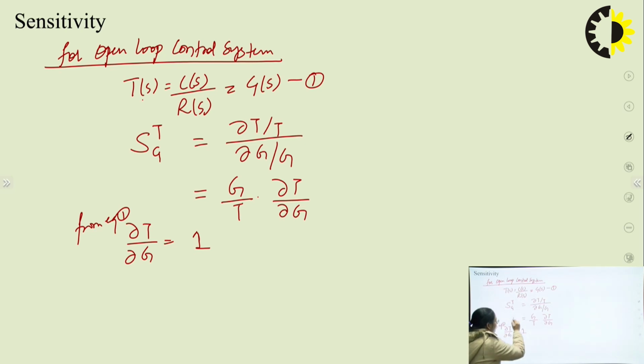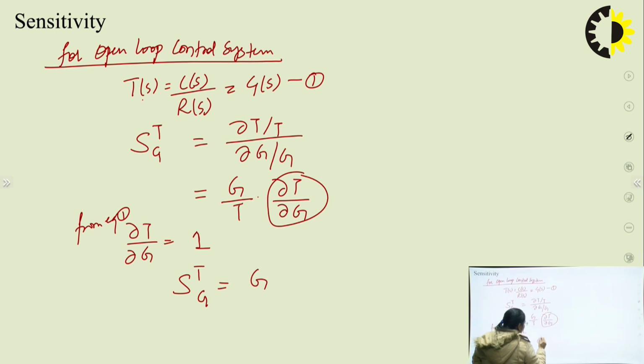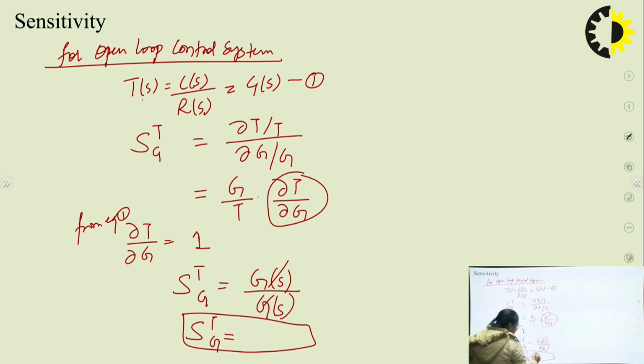So S of T with respect to G can be written as G upon T, which is again G here. So this is cancelling out, and the sensitivity of the transfer function of the open loop system with respect to the forward path gain is unity.